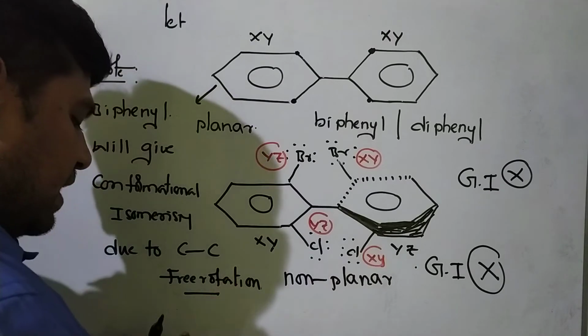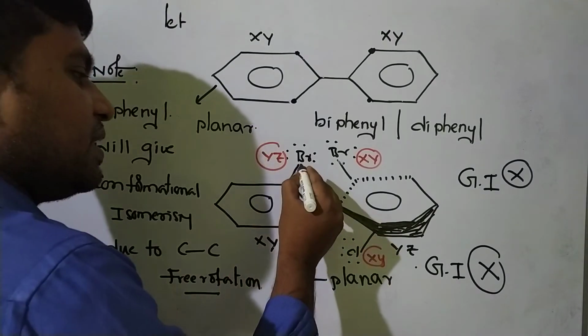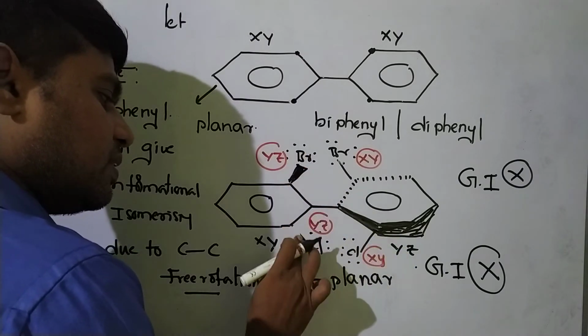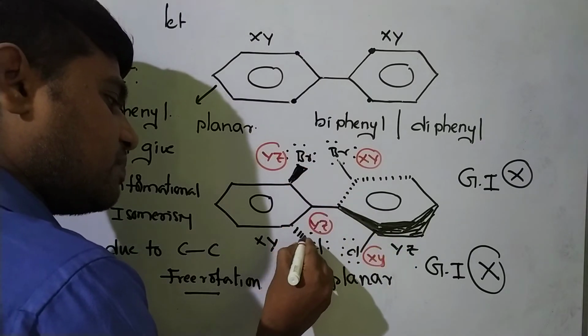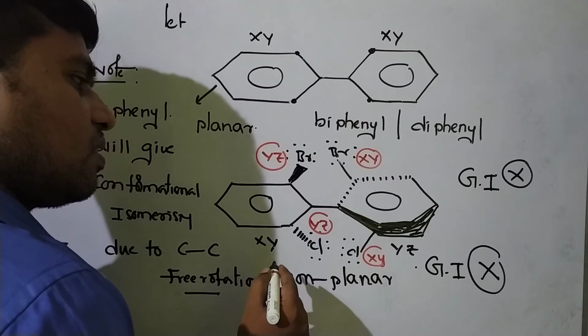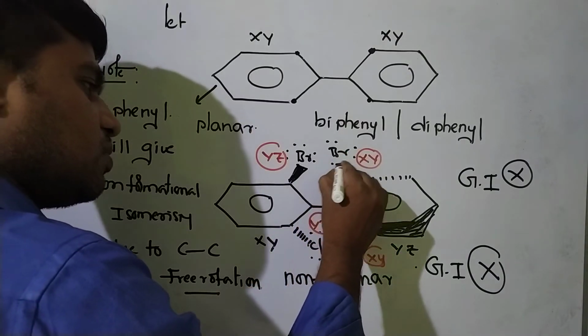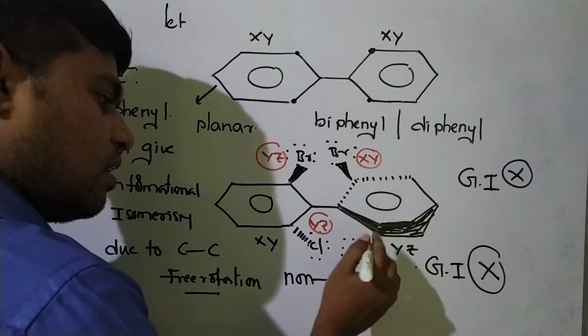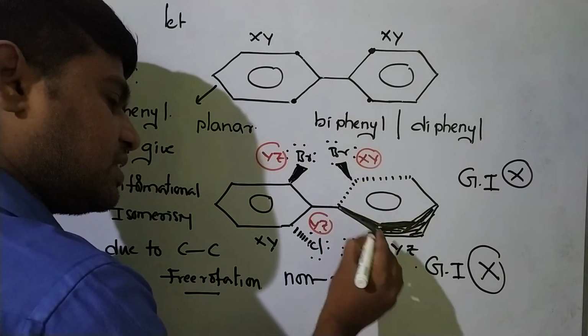So we believe that one bromine atom is towards the observer, and this chlorine atom is away from the observer. So this is the most important topic. Please students, try to understand.